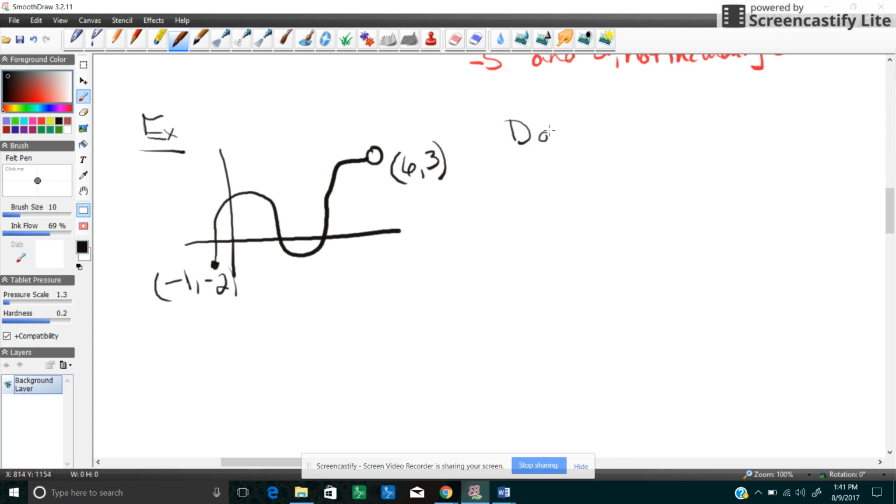So I'm going to put my domain here, and I'm going to include all the different sets just so we can kind of review everything at once. So my set notation, I still have to look at the left and right. So if I do that, I see that I start at -1 and I end at 6. So I'm going to start with my curly braces and say x such that, and then I have -1 first.